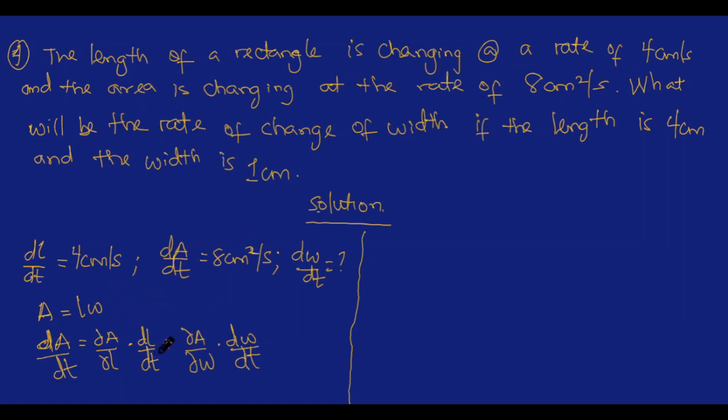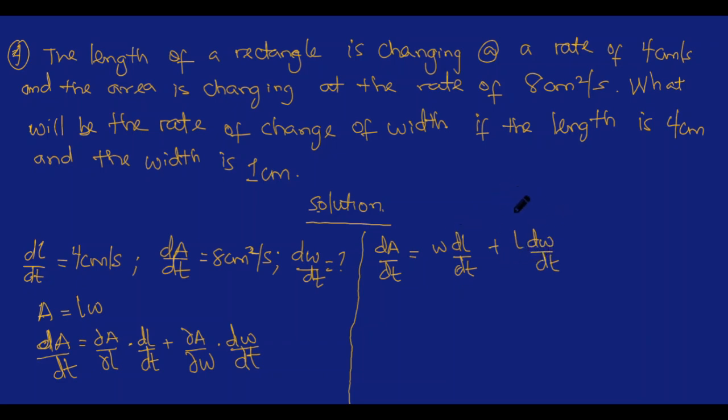And when taking the derivative of A with respect to W, you keep L constant. So dA/dt is equal to W dL/dt plus L dW/dt. So it's dW/dt we are looking for.